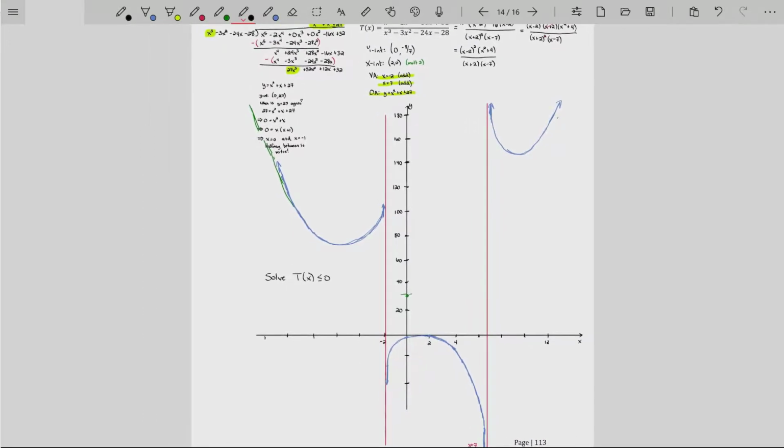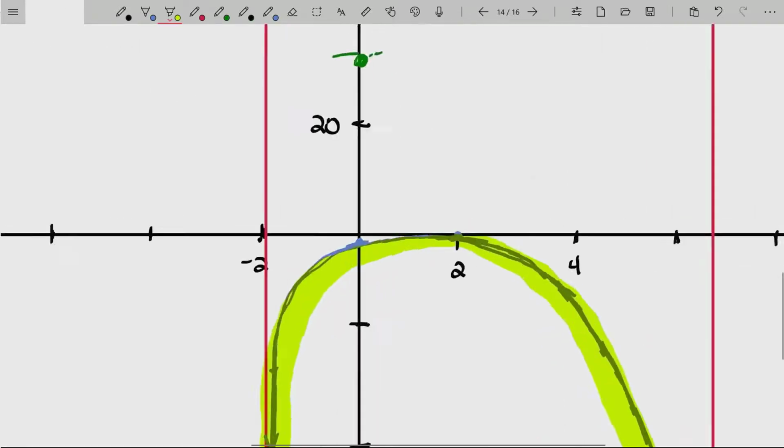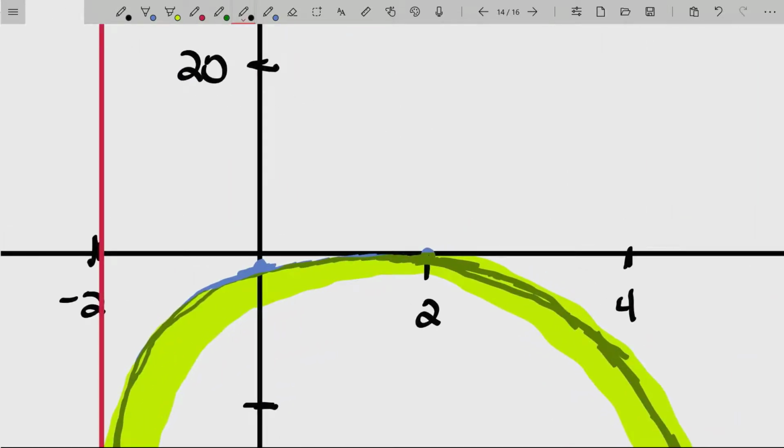You just want to know, when are the y values of this curve at or below 0? They're at 0, by the way, at x equals 2 here, because that's where it struck the x-axis.